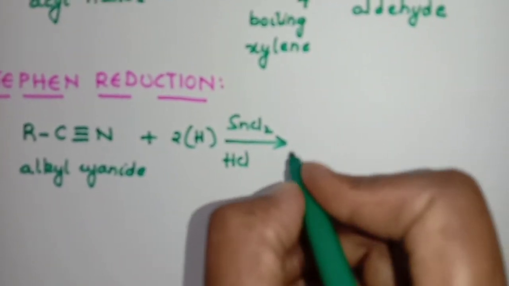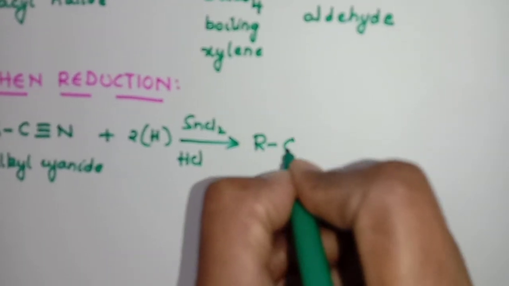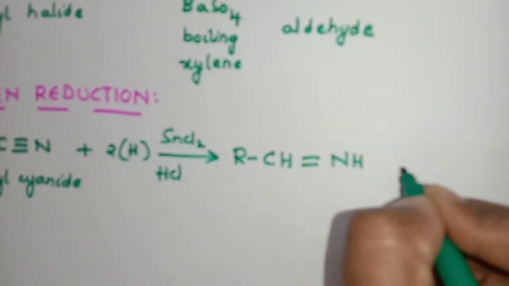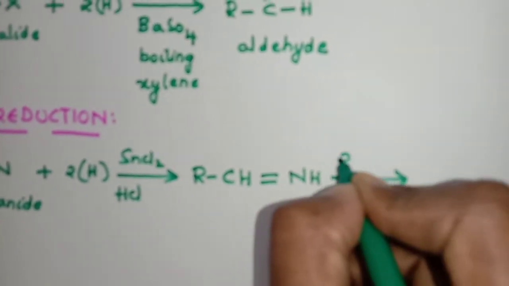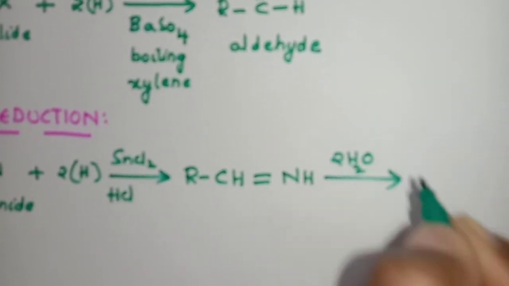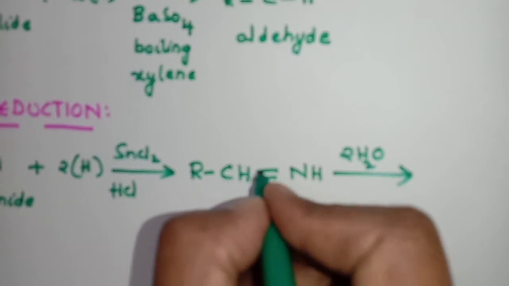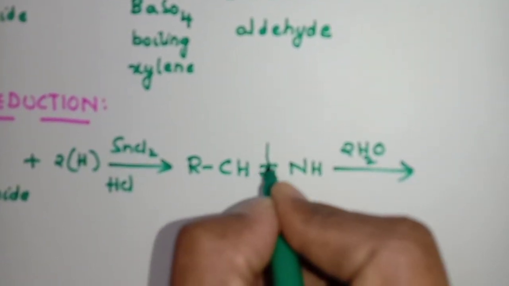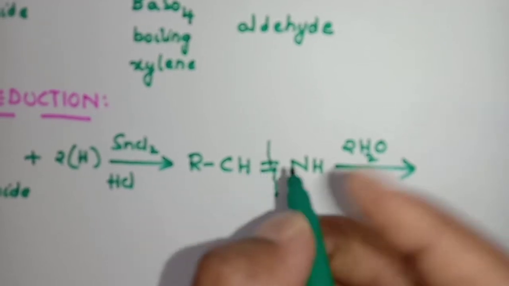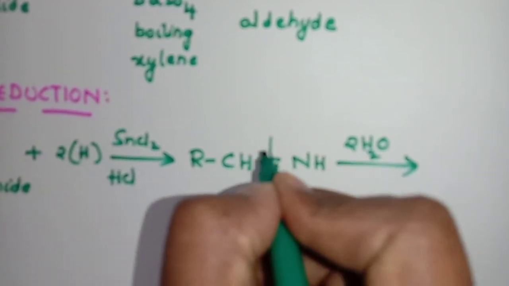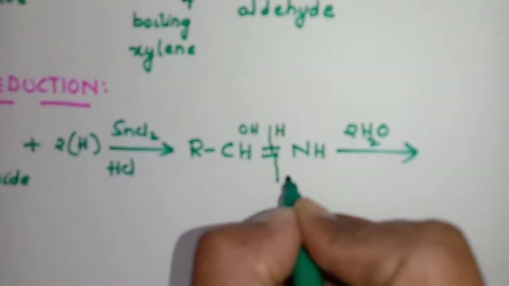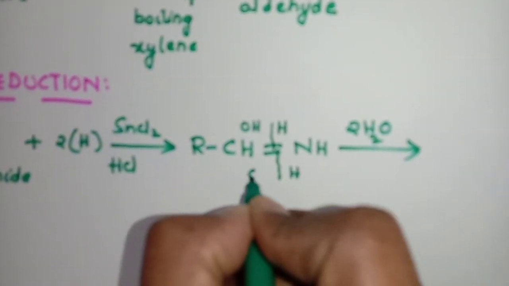In the presence of HCl, an intermediate is formed, RCH double bond NH, which on hydrolysis, that means it takes up two H2O molecules, and the H2O is distributed like this. The one pi bond breaks up and hydrogen comes this side, OH this side, and also hydrogen, OH.